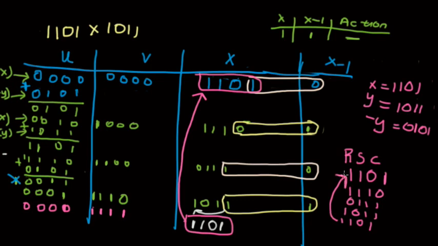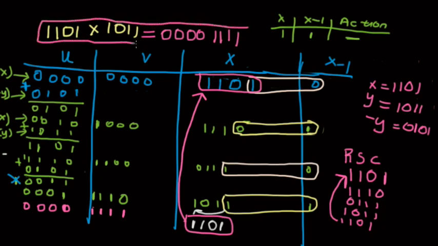So immediately that happens, you stop. 1 1 0 1 times 1 0 1 1. The answer in Booth's multiplication is 0 0 0 0 1 1 1 1. That, my friends, is your final answer.